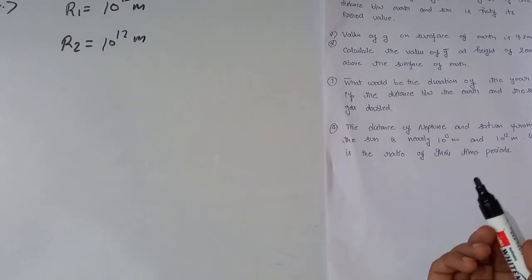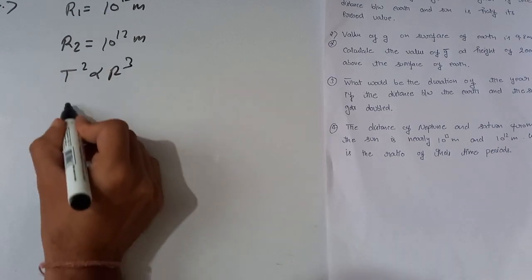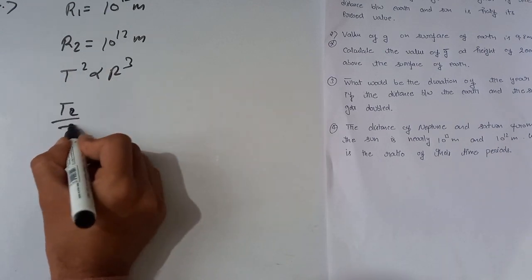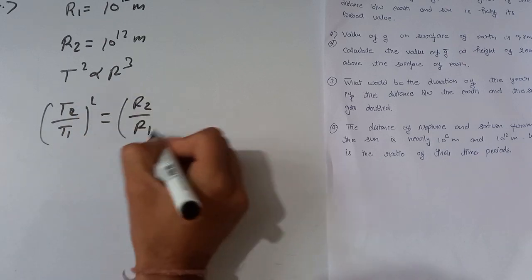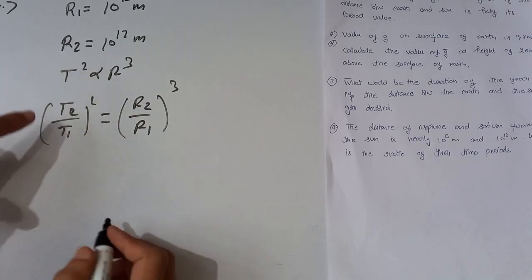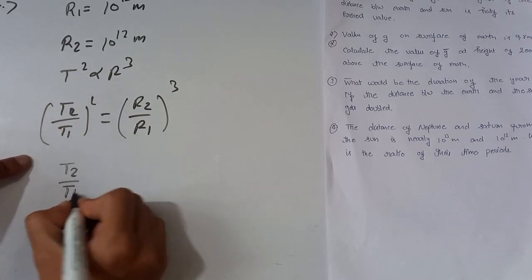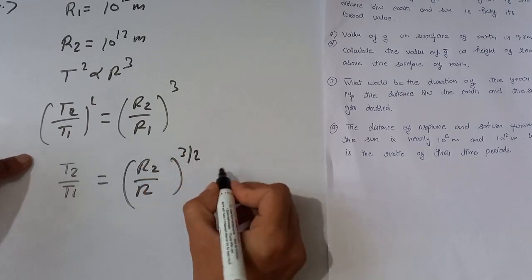What is the ratio of their time periods? We know that T squared is directly proportional to r cubed. Now (T2 over T1) squared is equal to (r2 over r1) cubed. We have to calculate this ratio. So T2 over T1 is equal to (r2 over r1) raised to the power 3 by 2.